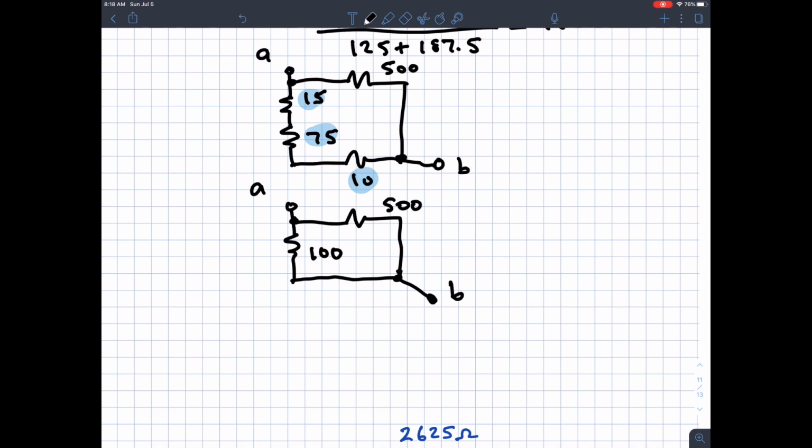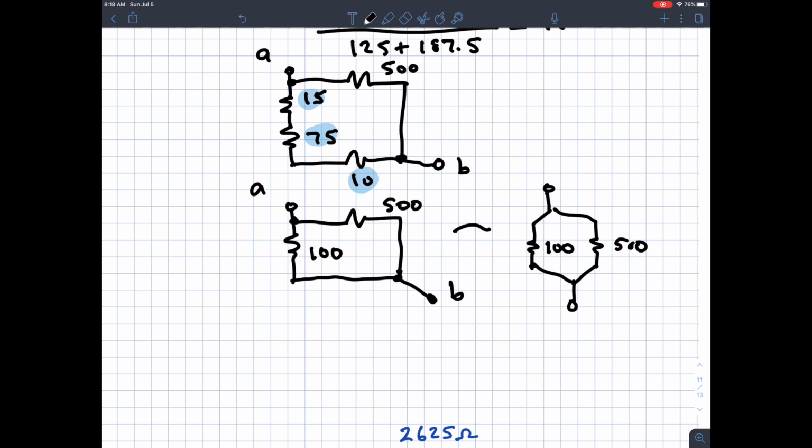Now, it's a matter of how you draw it that makes it easier to see. I could redraw this and have it look like this. I think that's a little more obvious that 100 is in parallel with 500. You can smooth out all the corners, shrink the wires, and draw it however helps you see it.